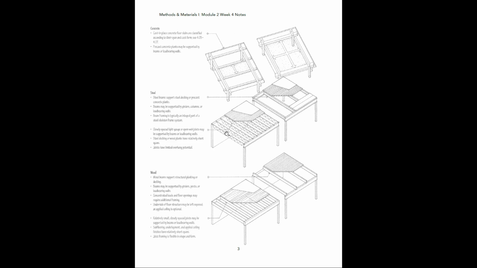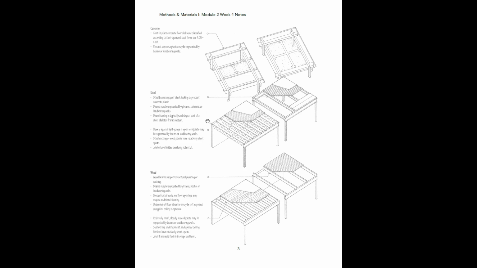Steel. Okay, so basically what we have here is a load-bearing wall, and this load-bearing wall is providing support for these joists at one end, and then on the other end we have our columns that are providing support for the beams on this end.